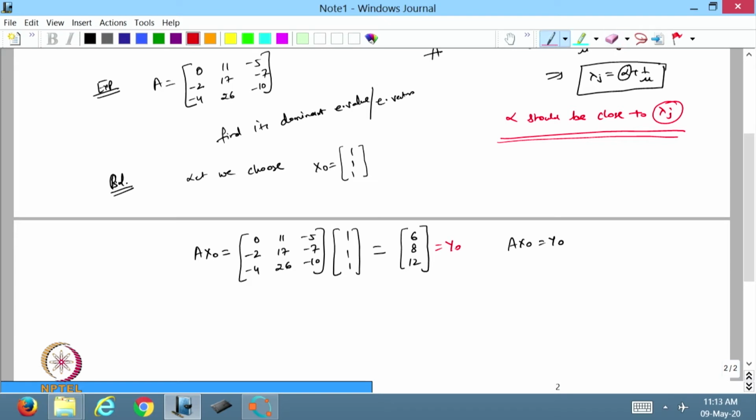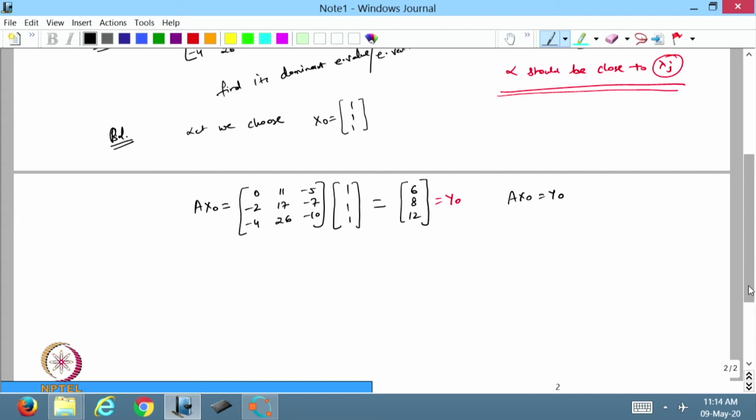Now, what I do is make this y naught a normalized vector. I choose the largest component of the vector, which is 12. So, I write y naught as 12 times a vector, taking the 12 outside.